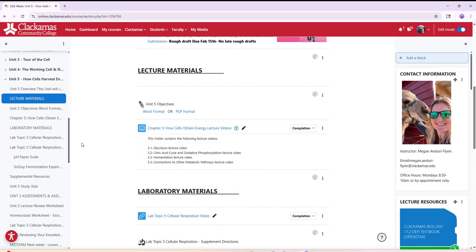When you go through the videos, the best way to learn it is to make a chart and pay close attention to each stage of cellular respiration and focus in on the inputs and the outputs of each stage. So what goes into the cycle and what comes out. If you have that, then it'll make a lot more sense. Okay, so that's my tip.